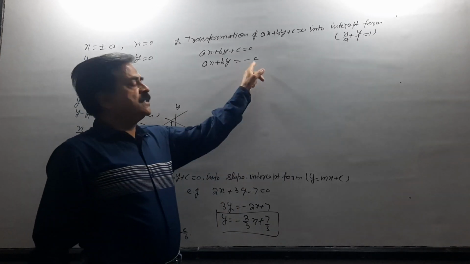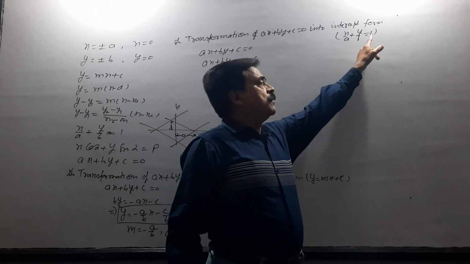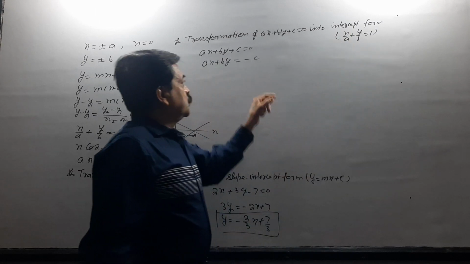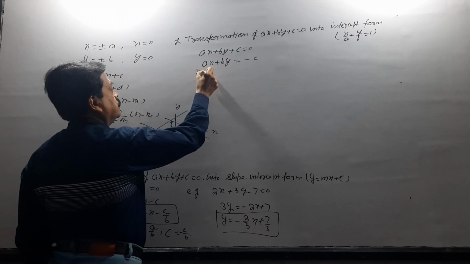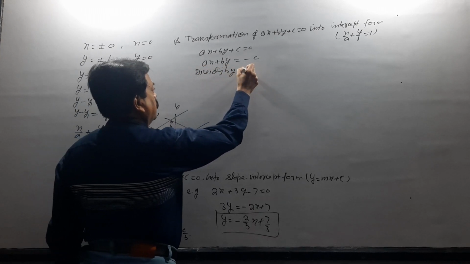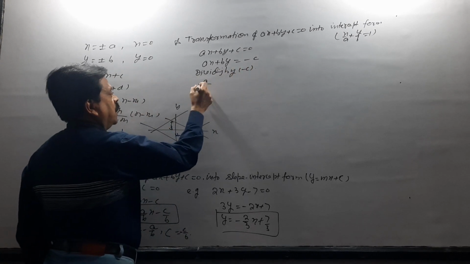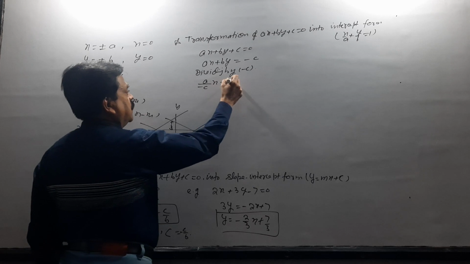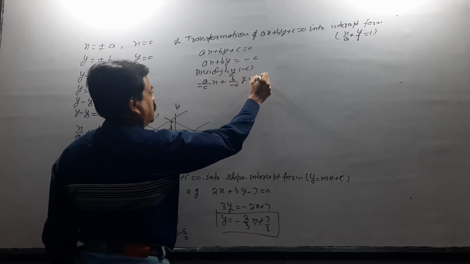And now make this term plus 1, because in this form the right hand side is plus 1. So dividing by minus c, we get a upon minus c x plus b upon minus c y is equal to 1.